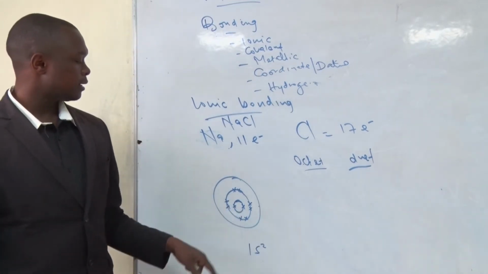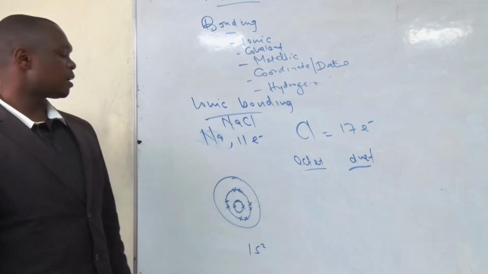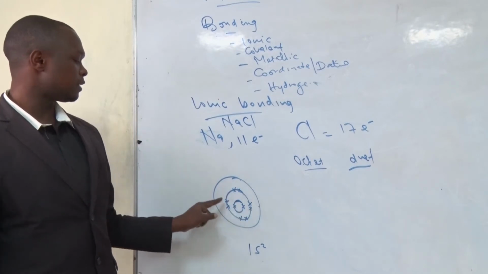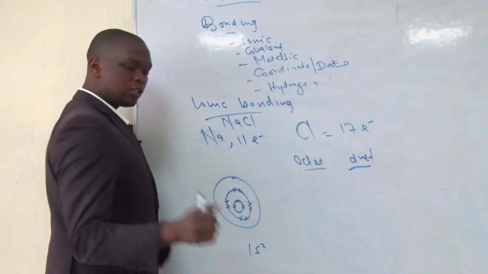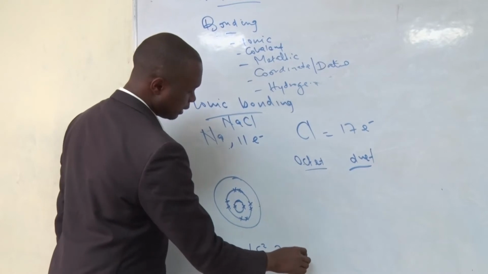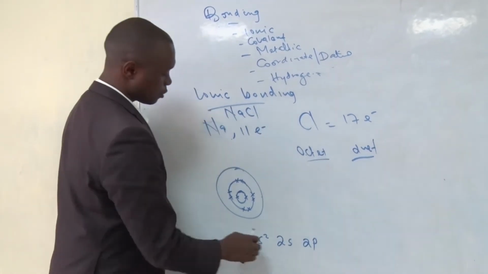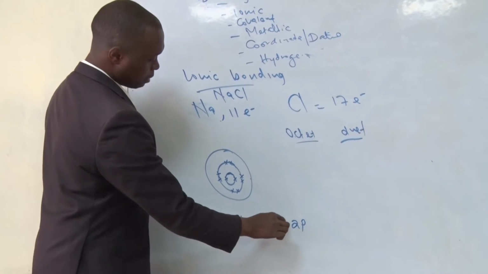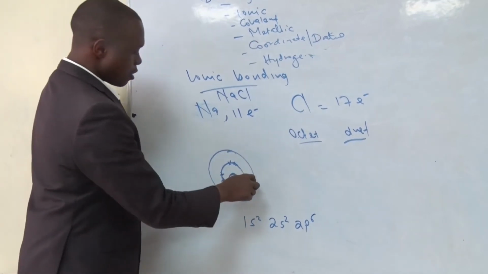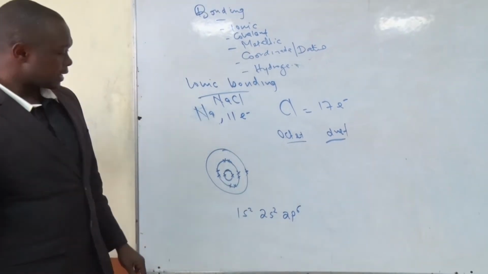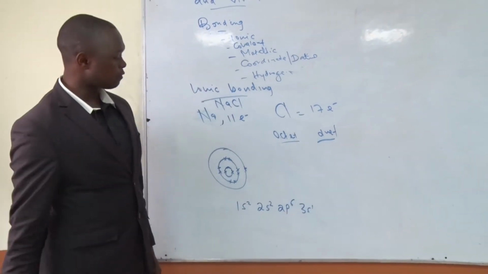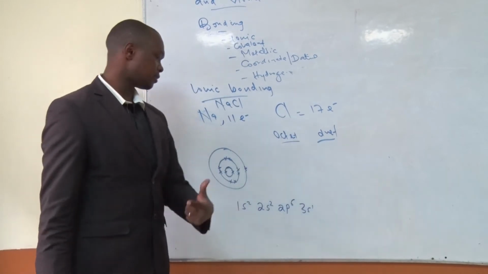Second orbital has a maximum of 8, sorry. 1, 2, 3, 4, 5, 6, 7, 8. The second orbital normally is made up of the 2s and the 2p. So the 2s has a maximum of 2 and the 2p a maximum of 6. Now, only one electron is remaining, which will occupy the 3s, making a total of 11. 2, 2, 6 plus 1 is 11.